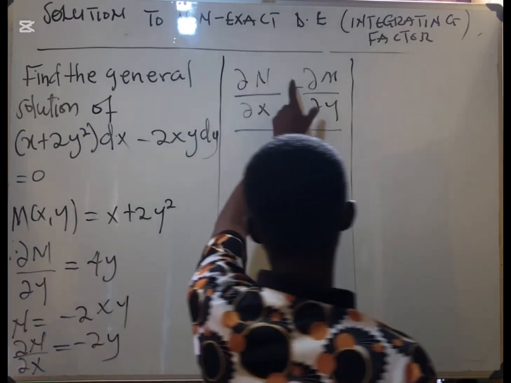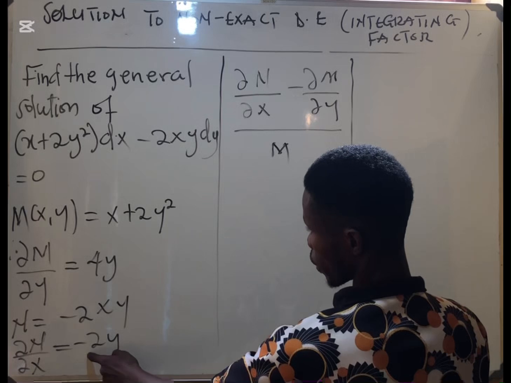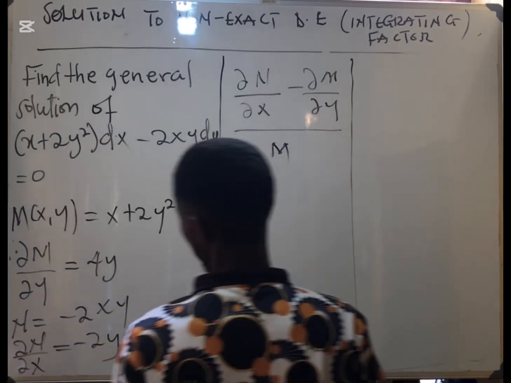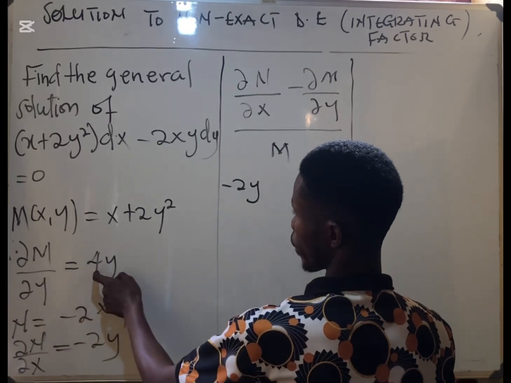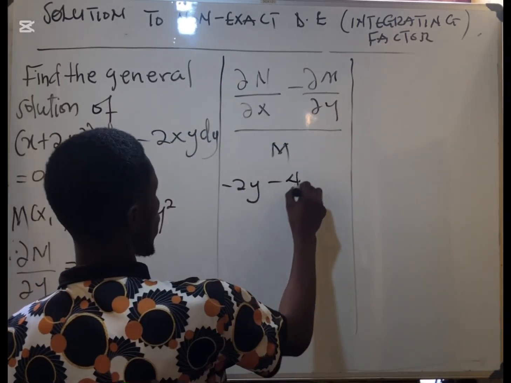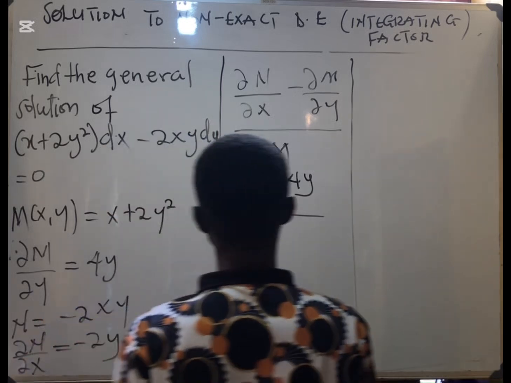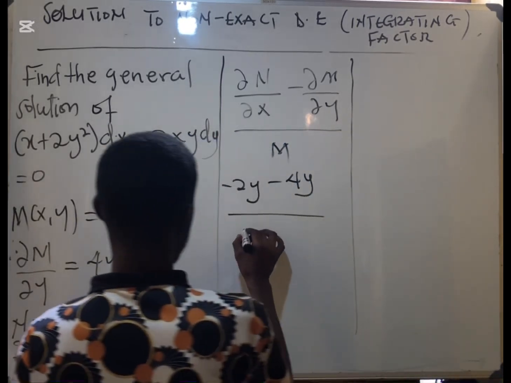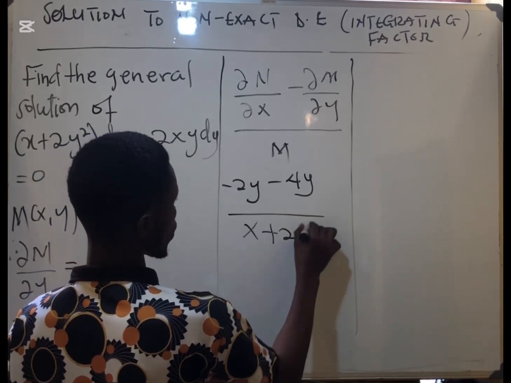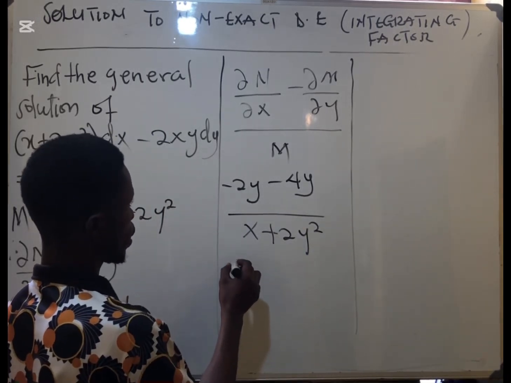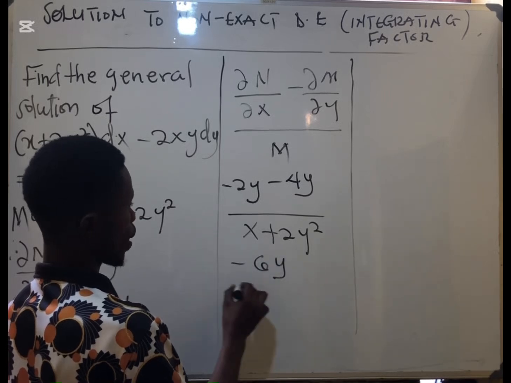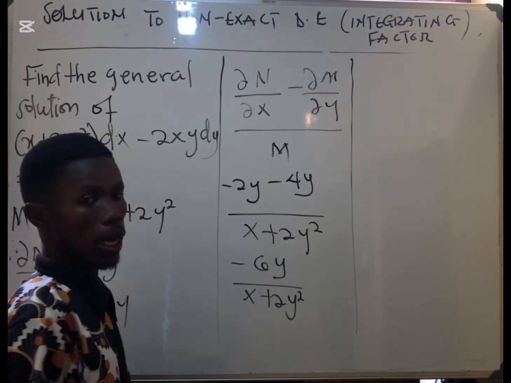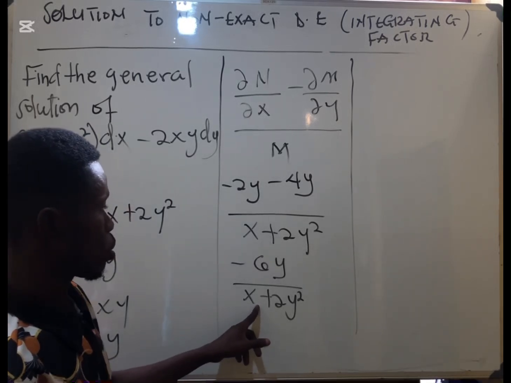So delta N, delta x, we have done it here, which is negative 2y. Then you also have delta M, delta y, which is 4y. So negative 4y, and this one is divided by M. This is our M, x plus 2y squared. These two will give us negative 6y, all divided by x plus 2y squared. Now there's no way that we can eliminate this x, so that we have only y.